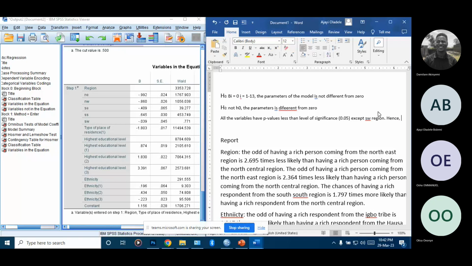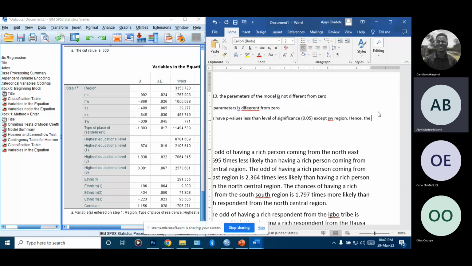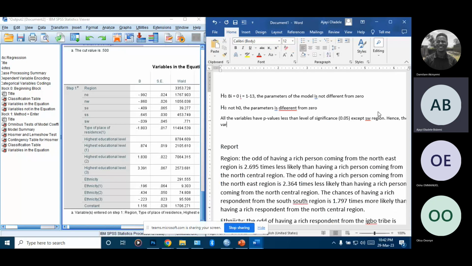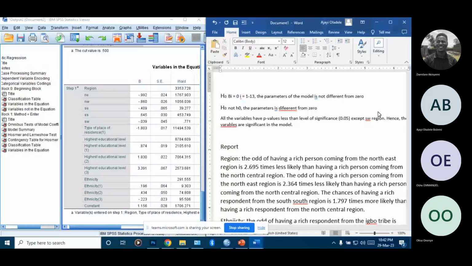Hence, the variables are significant in the model. So you just write the appropriate conclusions to show that you tested for the parameters of your model.